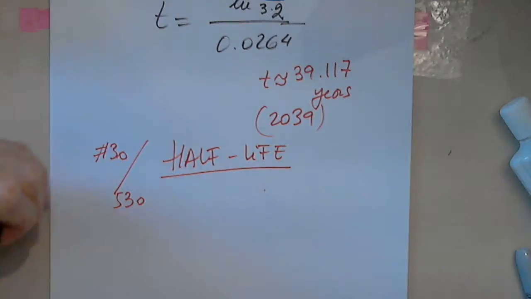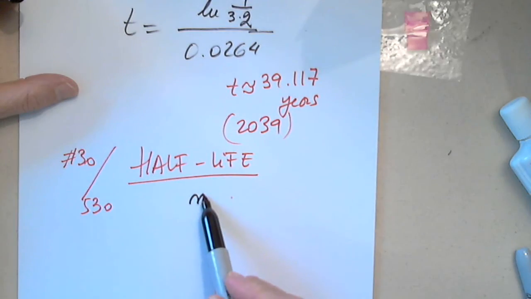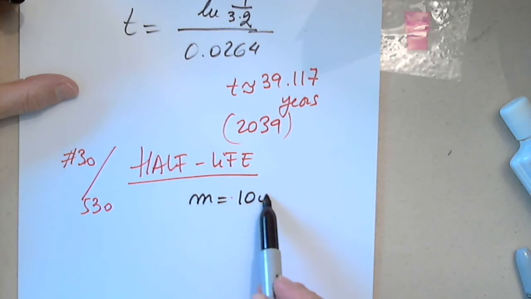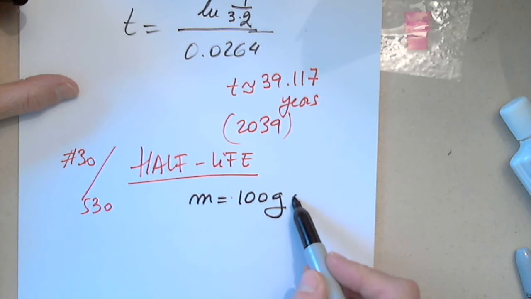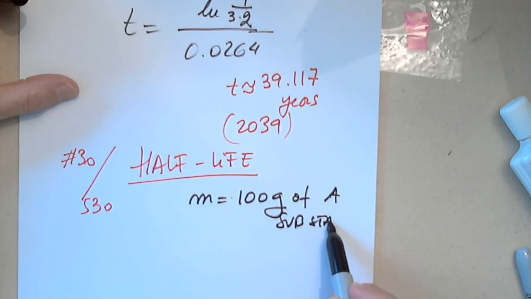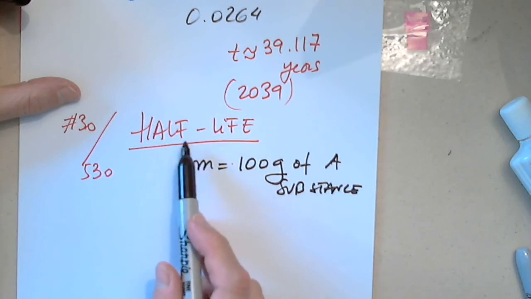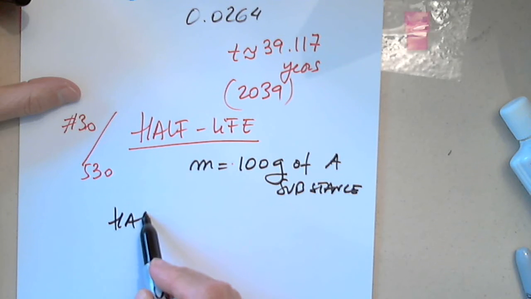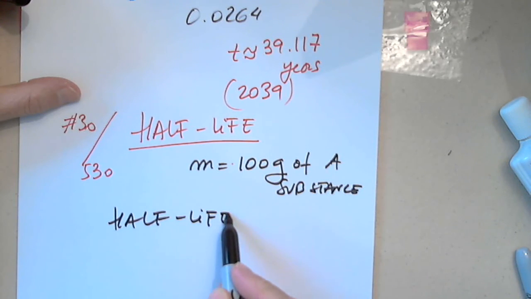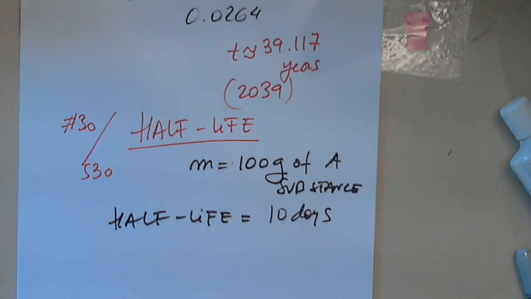So let's suppose in an experiment or in a lab we have the mass of 100 grams of a substance. And let's suppose that what is called half-life is, let's say, 10 days. I'm making all this up.